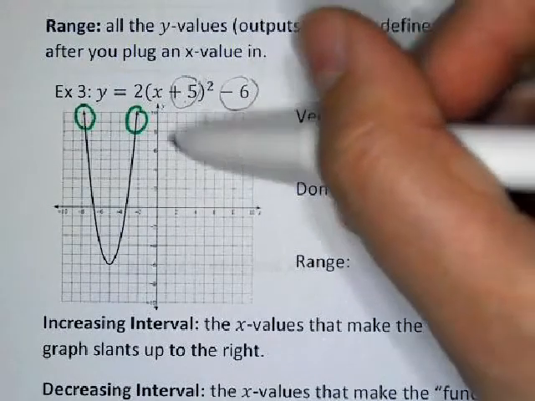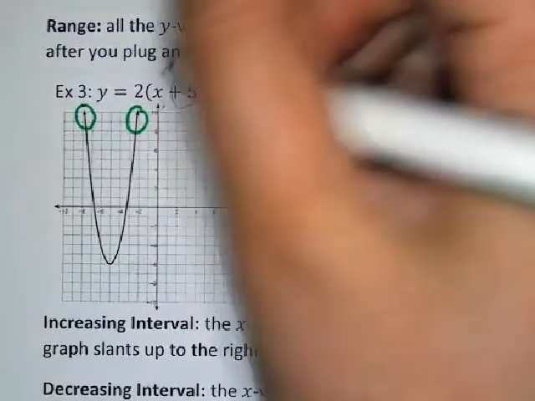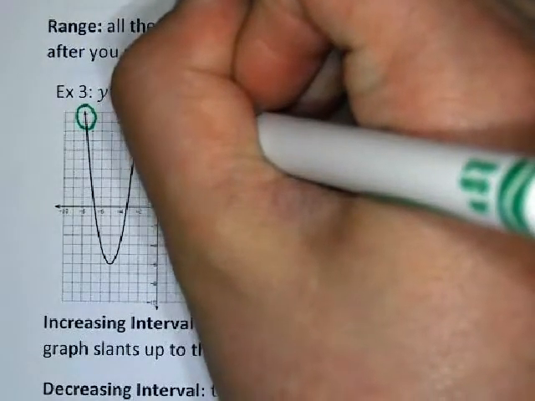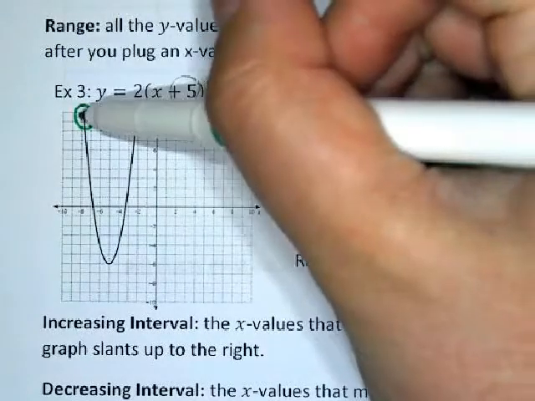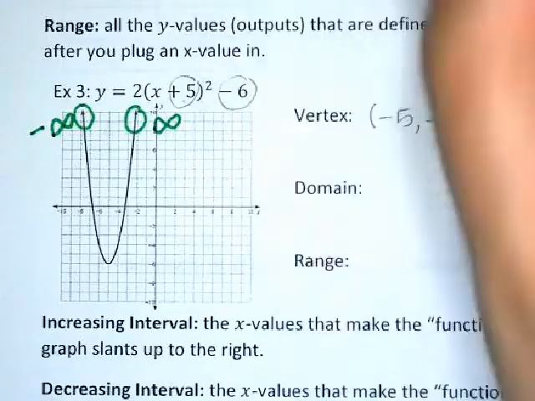So this goes forever to the right, and we know that if we look on the right side of our graphs, that's where all the positive numbers are. And so an arrow going to the right would mean positive infinity. An arrow going to the left would mean negative infinity, because that's where all the negative numbers are.